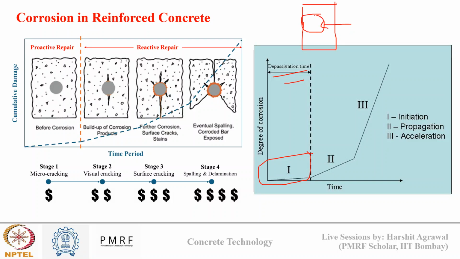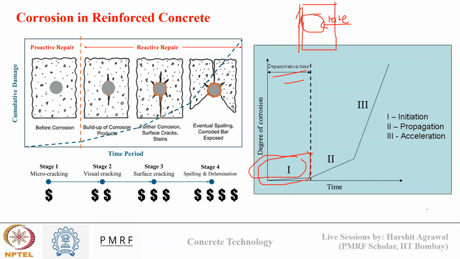Depending upon my concrete quality, it will decide the rate at which the ions are moving. The denser my concrete, the slower the rate at which the ions will move through concrete, and it will delay the time by which the ions will reach the reinforcement or the passive layer. So this is known as stage 1, the movement of ions, or the depassivation time, the time it will take for the passive layer to degrade.